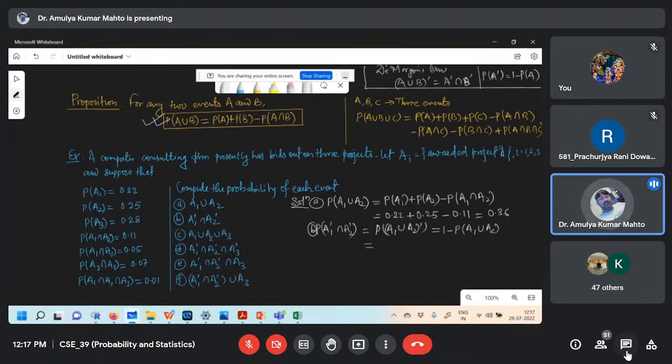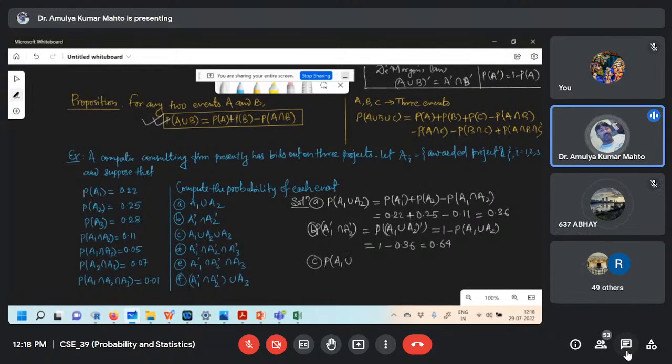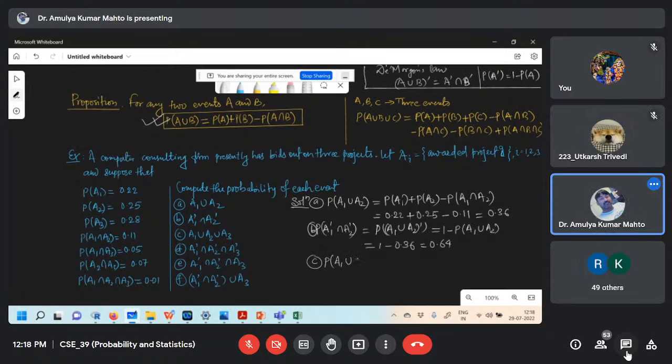So you can calculate it as 1 minus, what is the value of this? A1 union A2, you have just calculated 0.36. So value is 0.64, right? Yes, sir. Okay, so next is C, probability of A1 union A2 union A3.